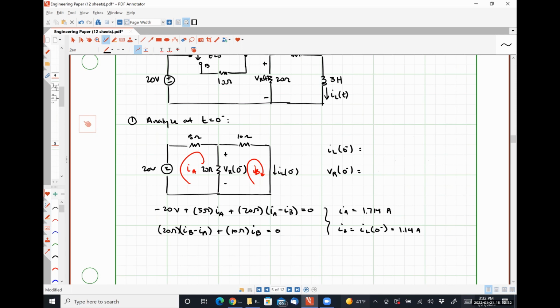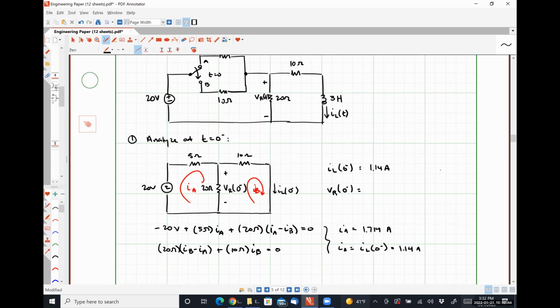Okay, that'll work for me. All right, so from that, IL is 1.14 amp. So VR will just be 10 IL. Or 11.4 volts.